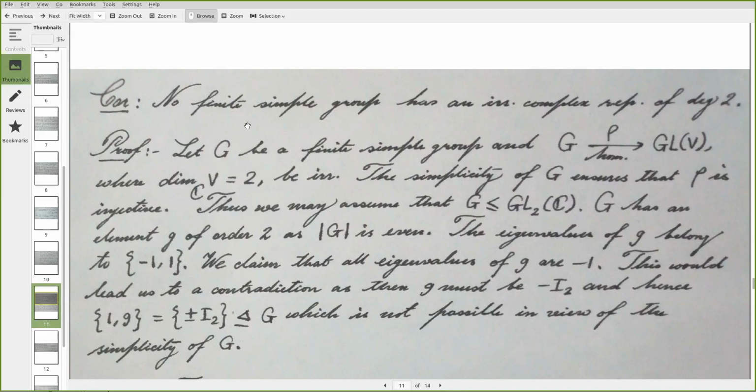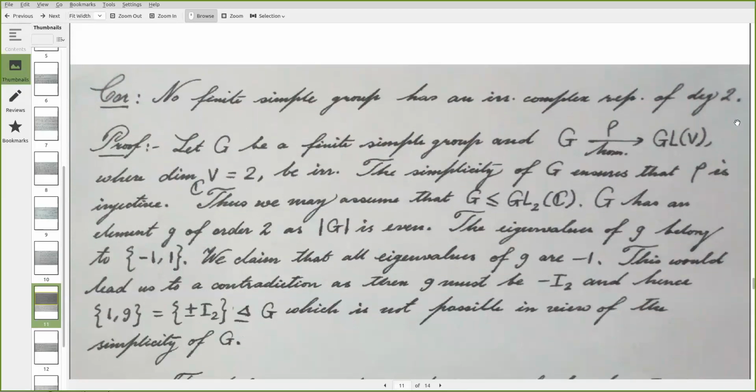Already in one of the assignments we have talked about how to see from the character table that a group is not simple. Now we will see another such application.